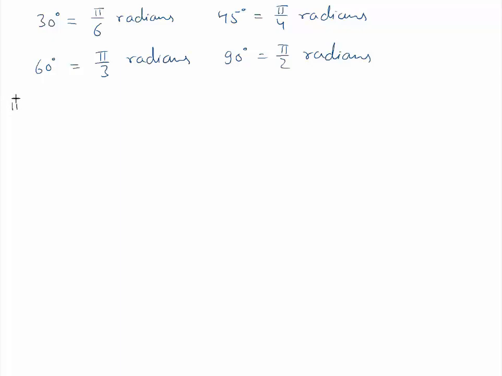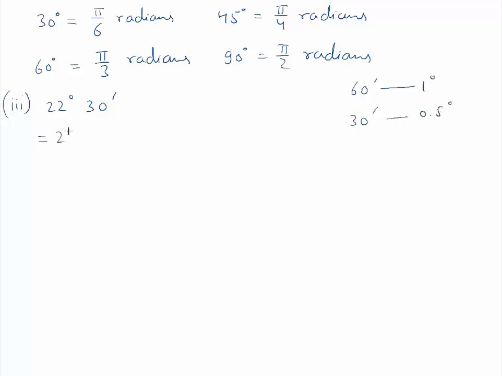Now let's do one last example. 22 degrees and 30 minutes. So we need to convert this into radians. To convert, we must first write this into degrees. If you recall, 60 minutes is 1 degree. So 30 minutes would be 0.5 degrees.